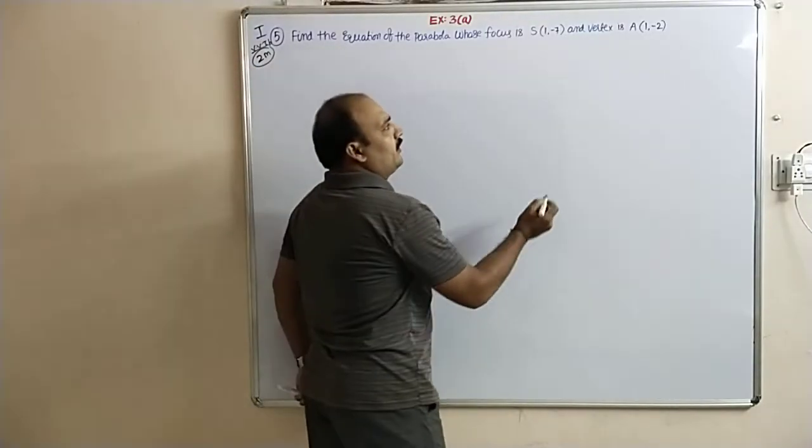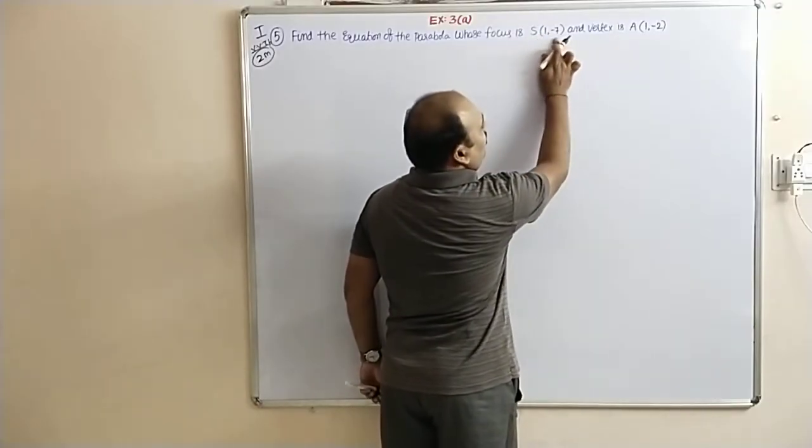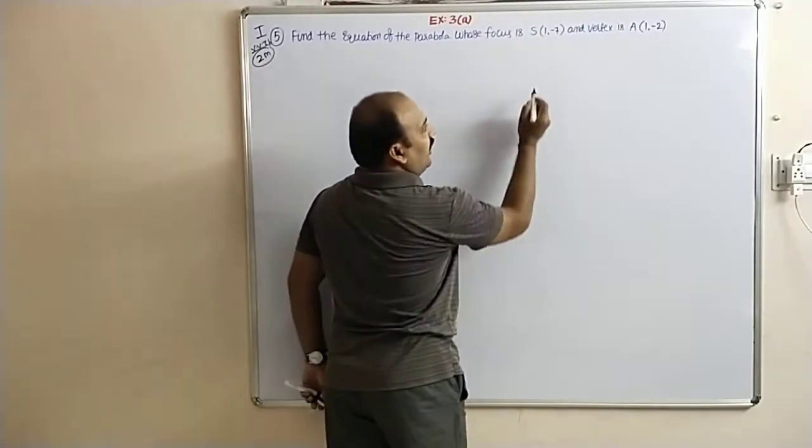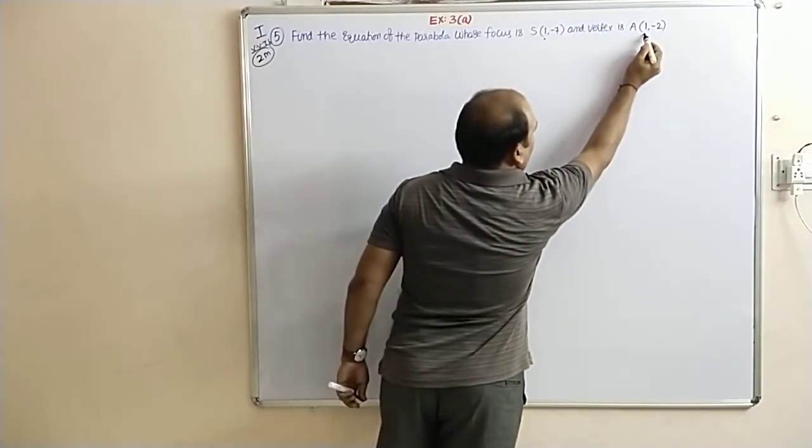By observing, in the focus and vertex, the x coordinates are equal.